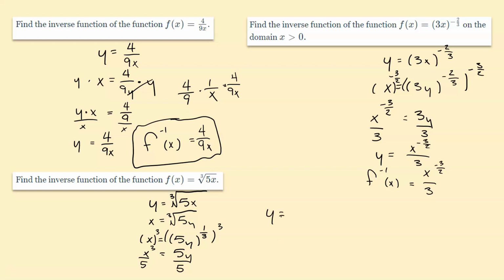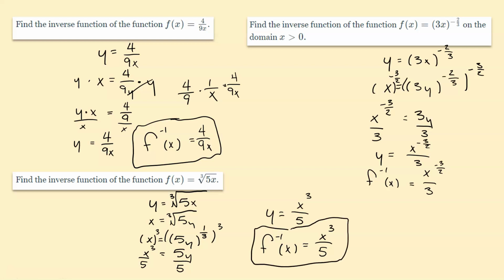So then I have y equals x to the 3rd power over 5. So now I have y by itself. I can go ahead and use my inverse notation. So that is my answer for this one. And I did not box this one. Let me do that.